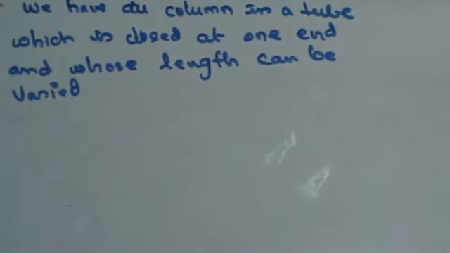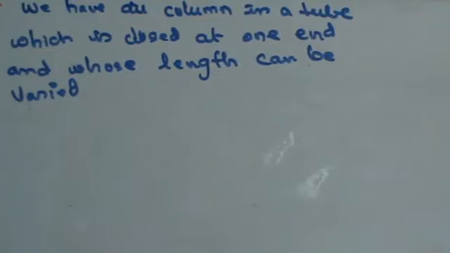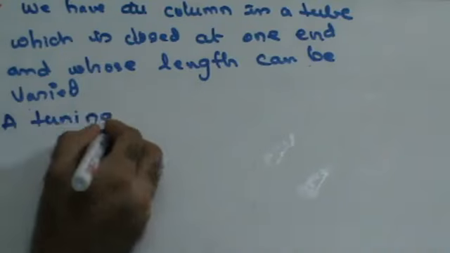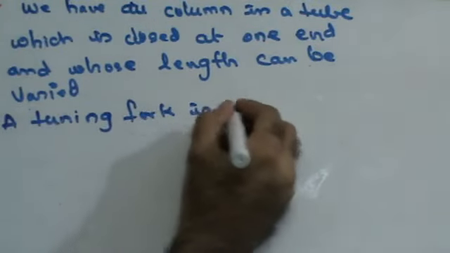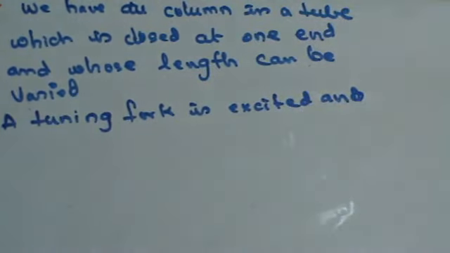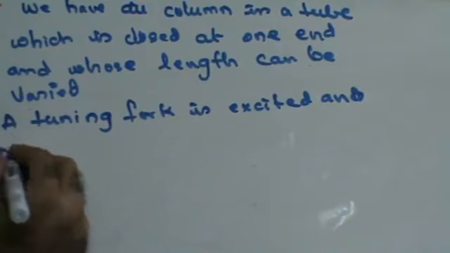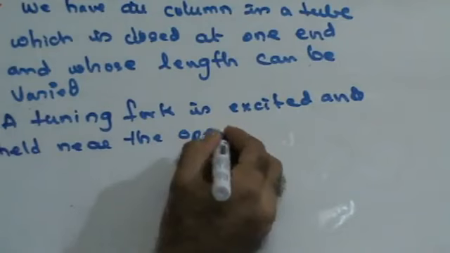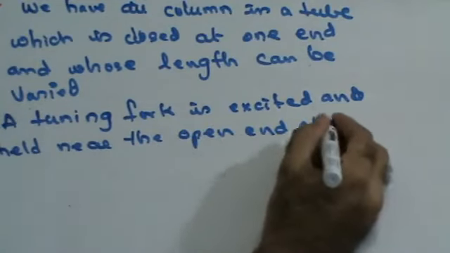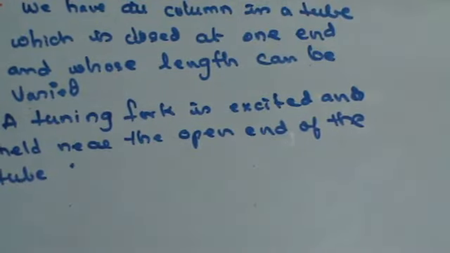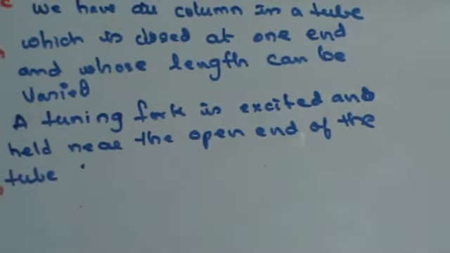Now, how do I use the resonance tube? A tuning fork is excited and held near the open end of the tube. So you would have sound waves that would travel along the air column.